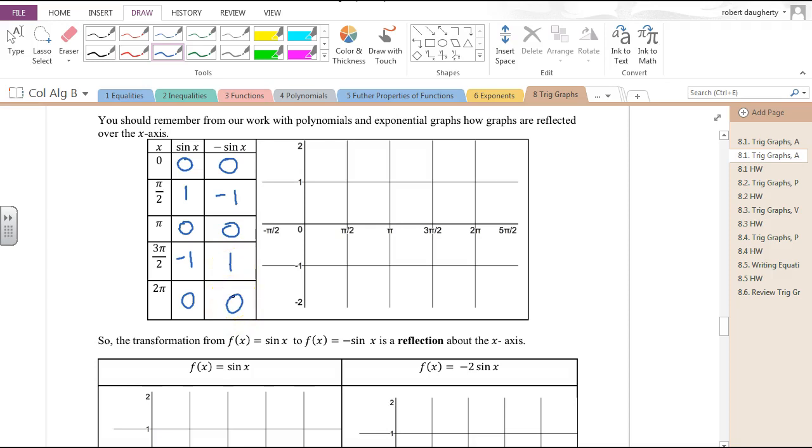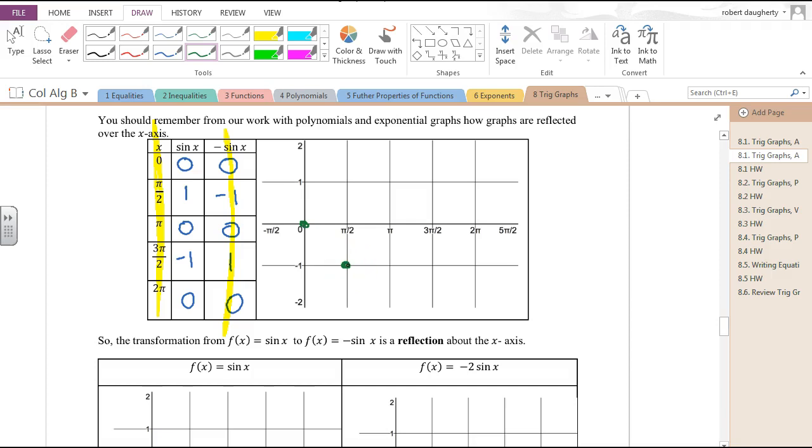Okay. So now what I want to do, let's graph. Here are my x values. Here are my y values. Okay. So the point 0, 0 and the point what? Pi over 2 what? What point do I graph? Pi over 2, negative 1.